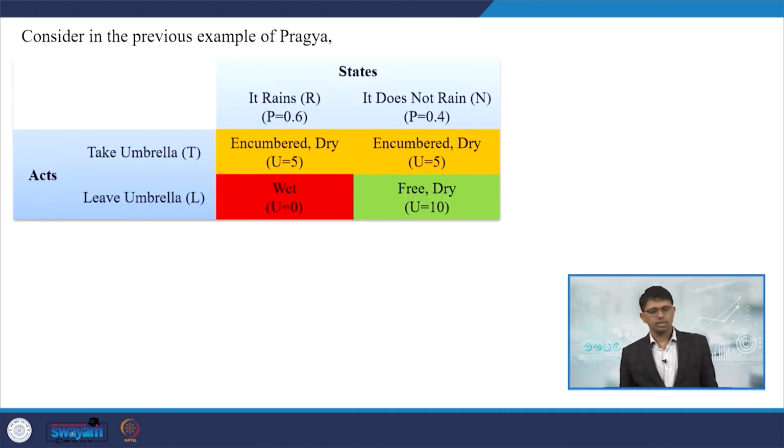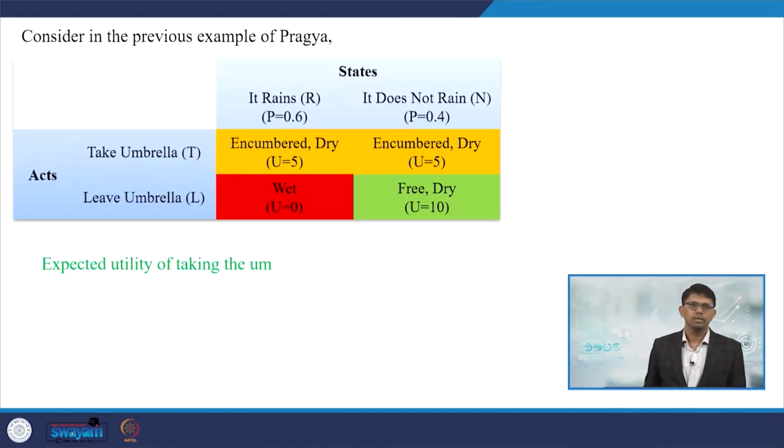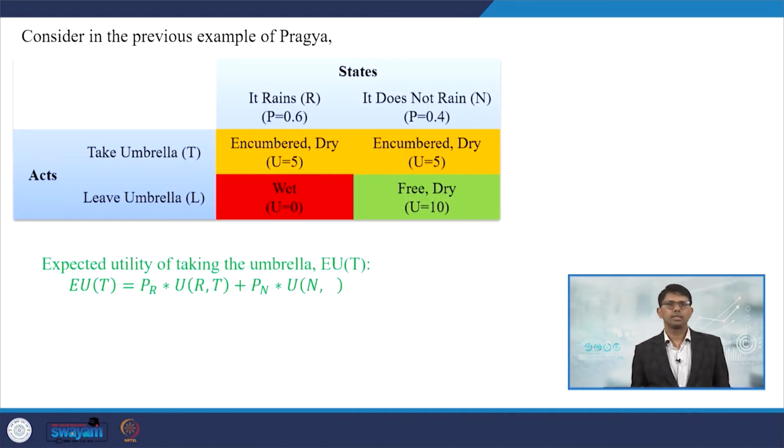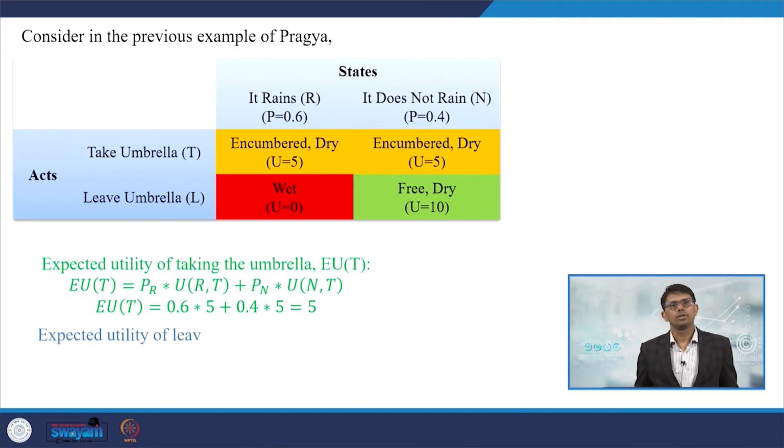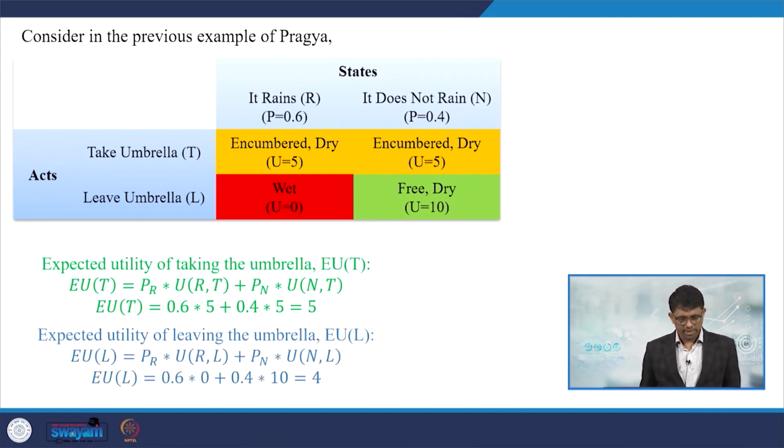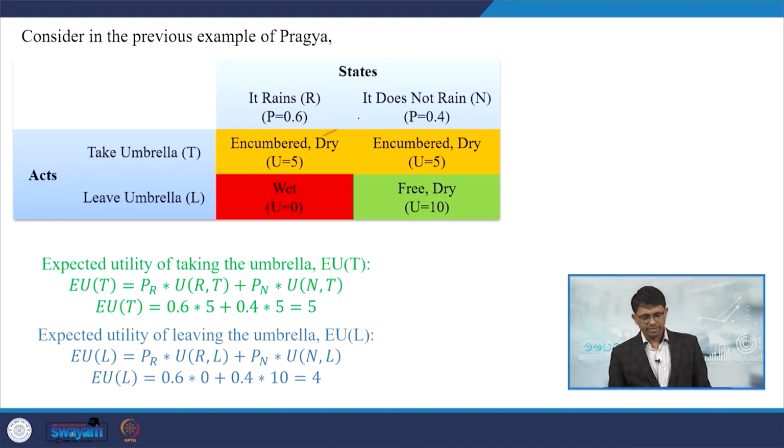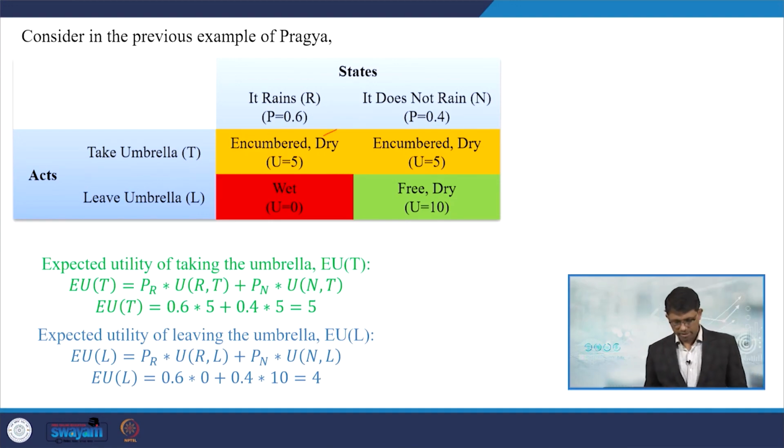So, considering the same example of Pragya, the expected utility of taking the umbrella is equal to P(R) times the utility of R and T, that is the probability of rain, plus P(N), the probability of not raining, times its outcome.